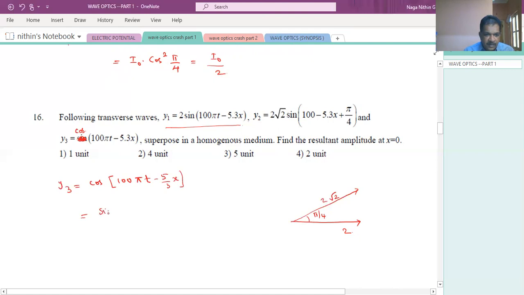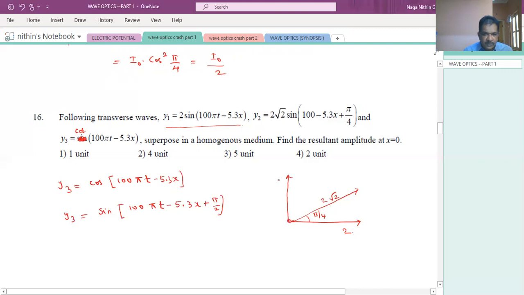I am converting this into a sine: sine of 100 pi t minus 5 by 3 x plus pi by 2. So it is at pi by 2 angle with the x-axis.